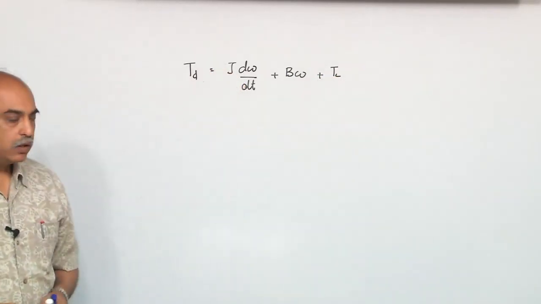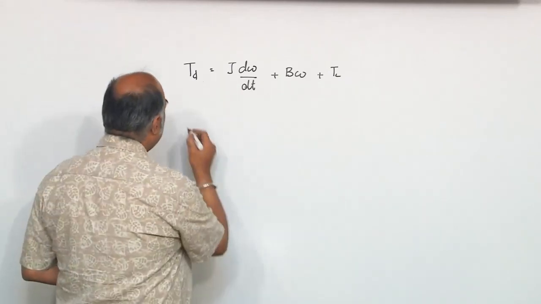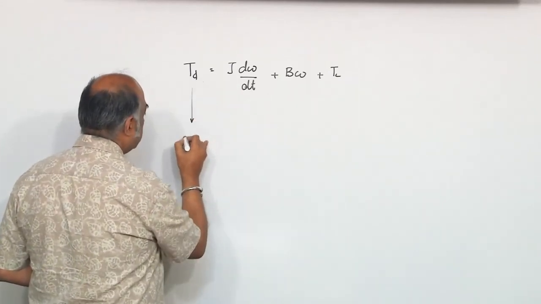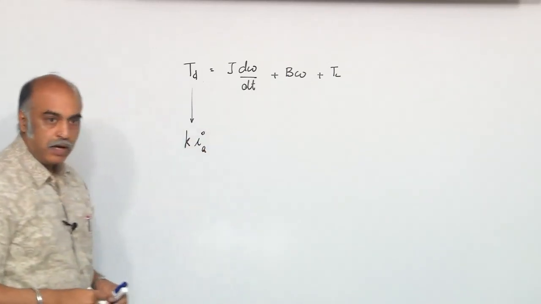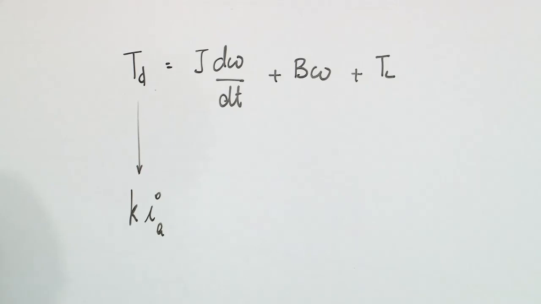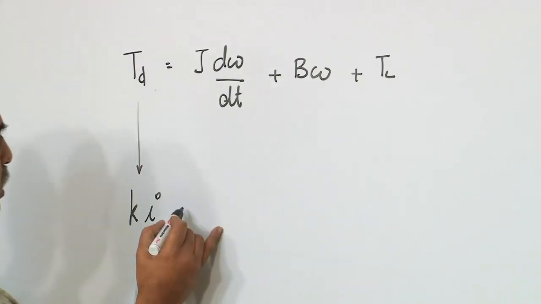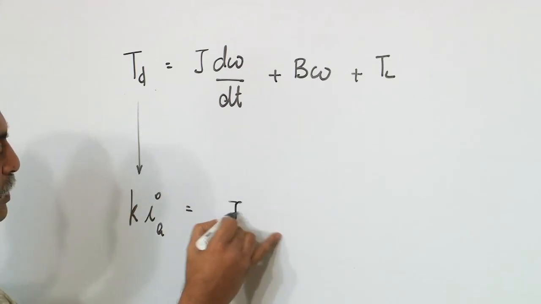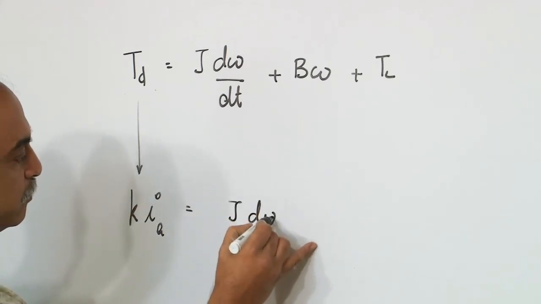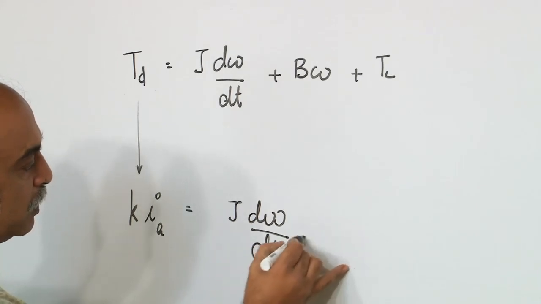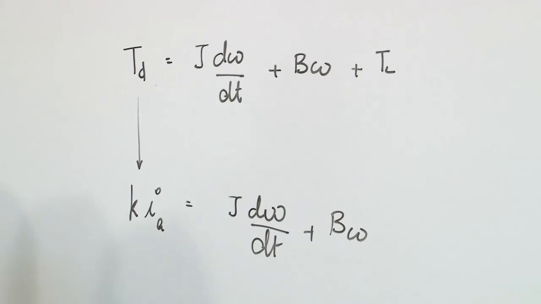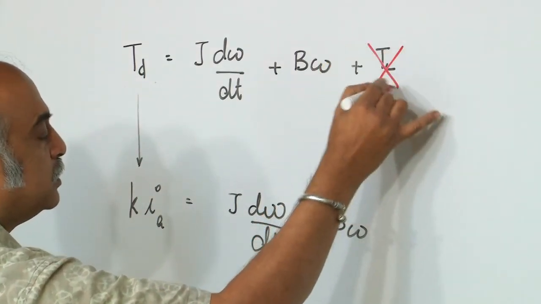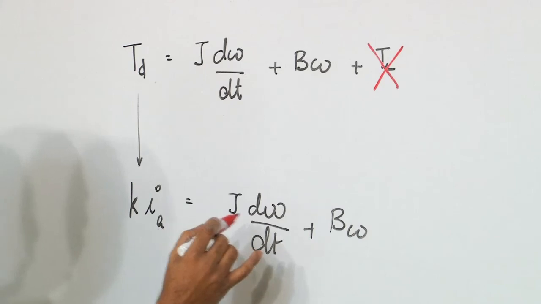So, TD is nothing but K IA, gyrator action. I know K, I know IA, I am measuring. So, K IA is the developed torque, J d omega by dt plus B omega, I am not using any other load. So, this is going out of the picture, friction will be there.